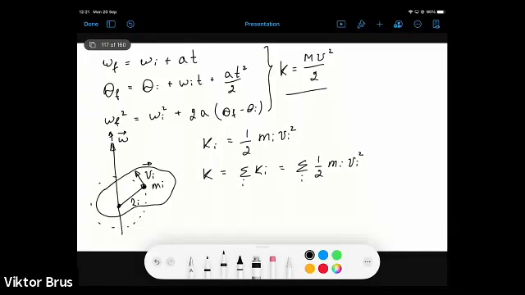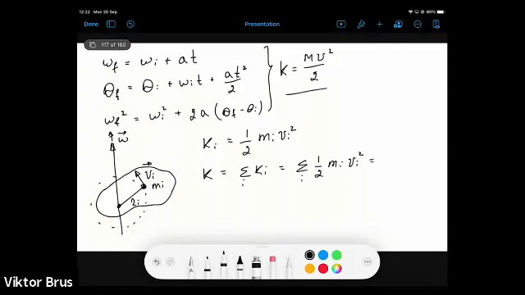So we assume that distances between all points of the body don't change. And that means if one point is rotating about the axis of rotation with angular velocity omega, then every point of this body, regardless of its location, will also rotate with the same angular velocity, on average and also instantaneously.